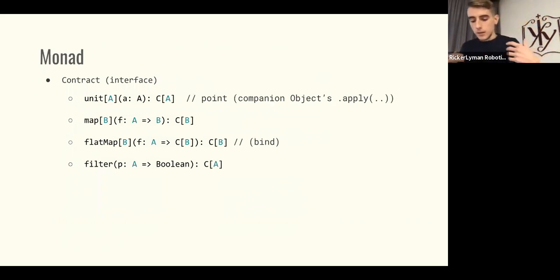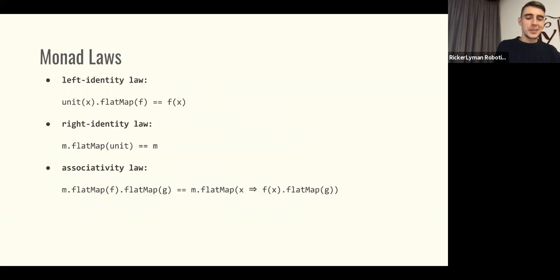But to name it a monad, there is one more thing that should be satisfied as well. There is something called laws. Right now you can think about mathematical laws like associativity, commutativity. In the case of monad, there are 3 monad laws.